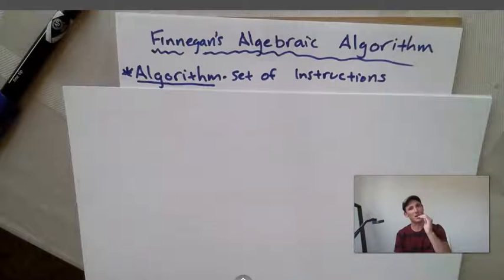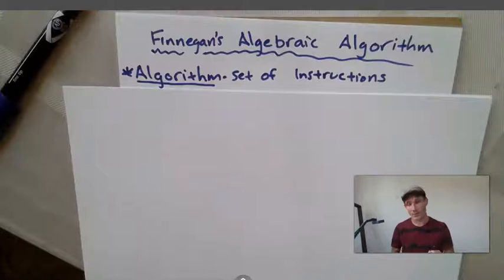Really detailed instructions on how to accomplish a task, right? Computer scientists use algorithms to do simple codes, right? Video game developers, when you press A, your character jumps, right? That's an algorithm, right? Same thing in math. It's a set of instructions to complete a task. In this case, it's solving a variable, right?